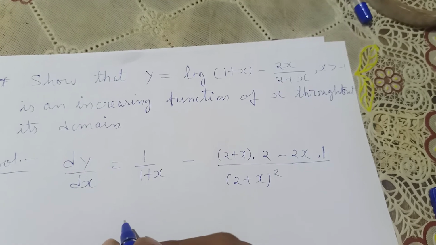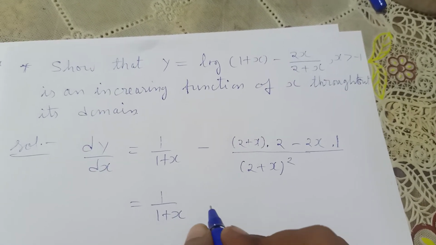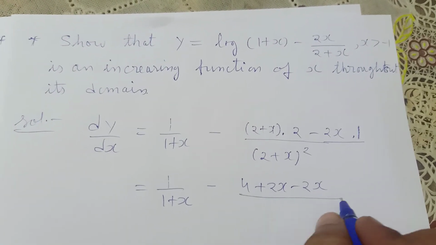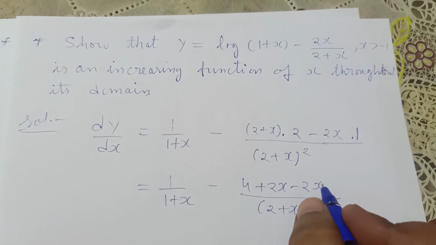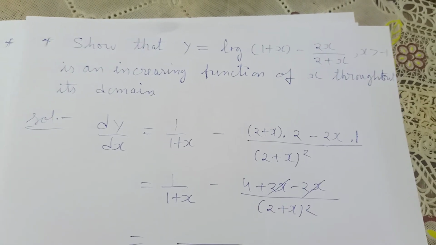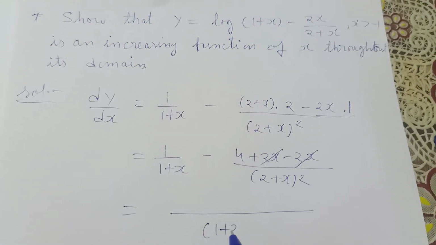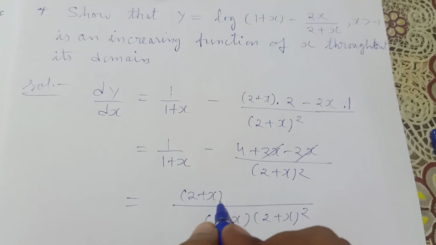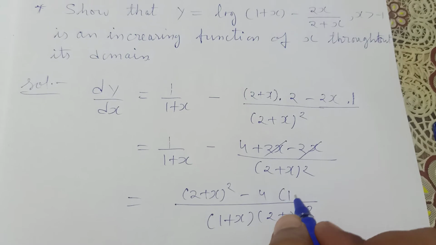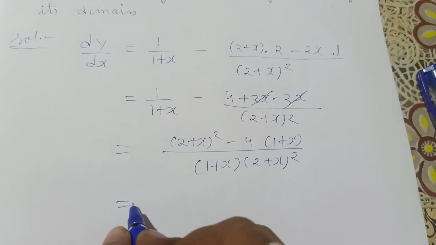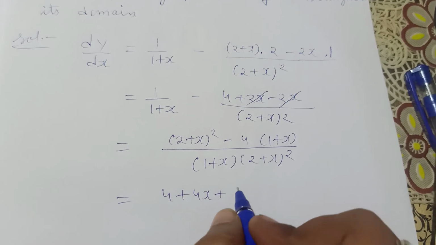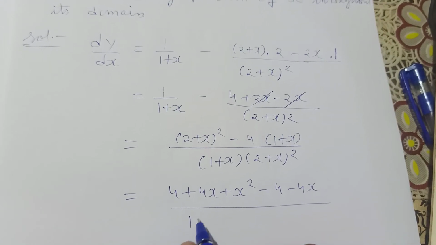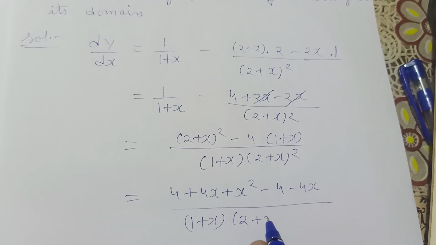Now simplify it further. 1 upon 1 plus x minus 4 plus 2x minus 2x upon 2 plus x whole square. We have simplified it. Then further solve, 1 plus x into 2 plus x whole square, so 2 plus x whole square minus 4 into 1 plus x, then 4 plus 4x plus x square minus 4 minus 4x upon 1 plus x into 2 plus x whole square.